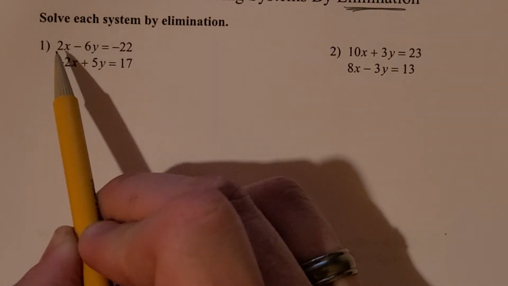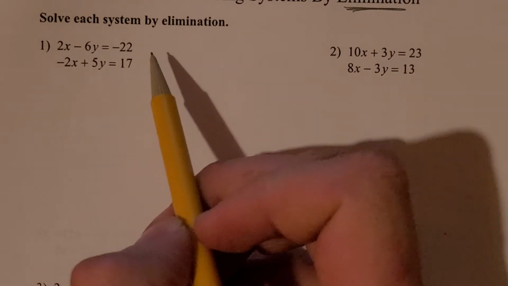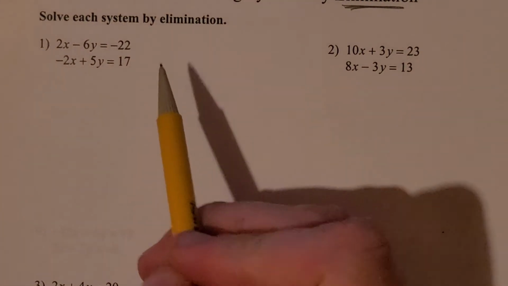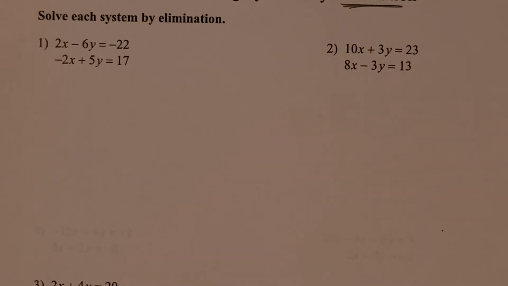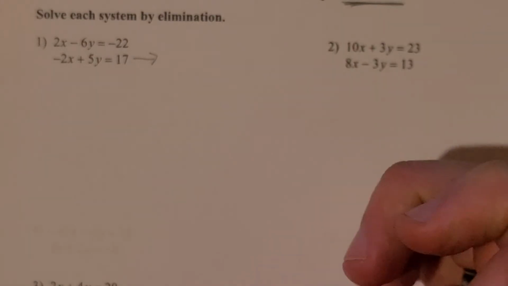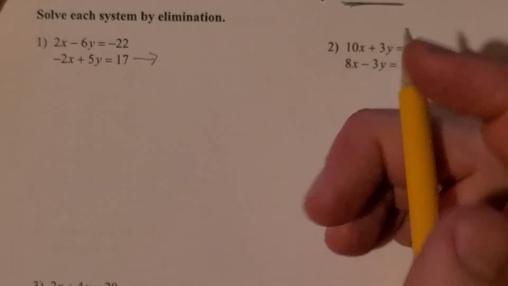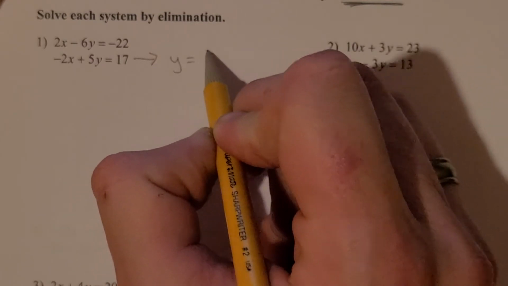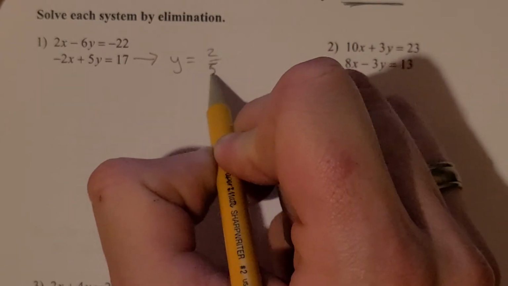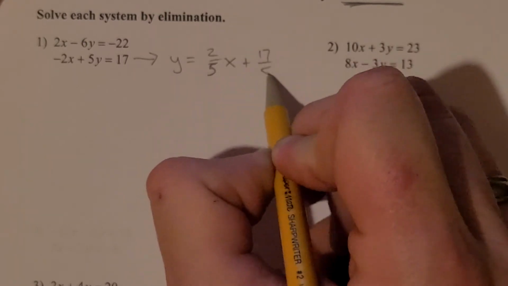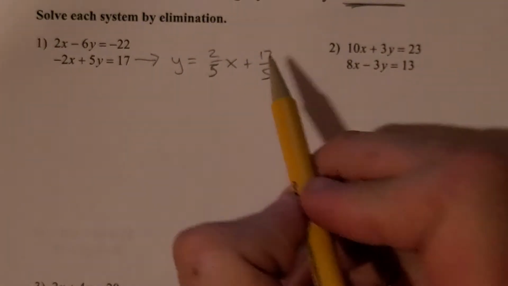That's standard form, ax plus by equals c. Standard form sucks to graph because you actually have to change it into slope-intercept form. Just on the bottom equation, if you did try to change this into slope-intercept form, you would get y equals 2/5 x plus 17 over 5. And then you'd have to graph that.